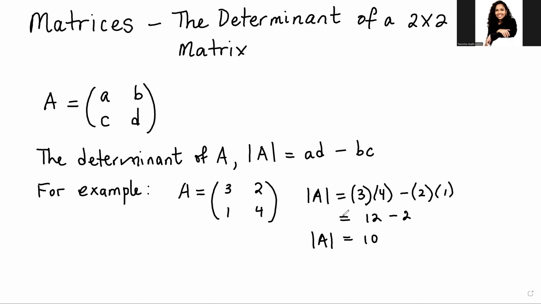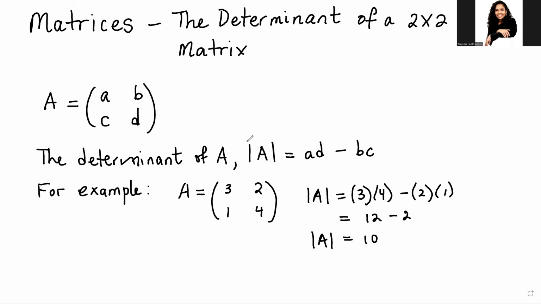So the determinant of a 2 by 2 matrix, and that's all you need to know for this level, is found by subtracting the products of the diagonals. So if you have a matrix A equal to a, b, c, d, where a, b, c and d are real numbers, then the determinant is found by saying a times d minus b times c.